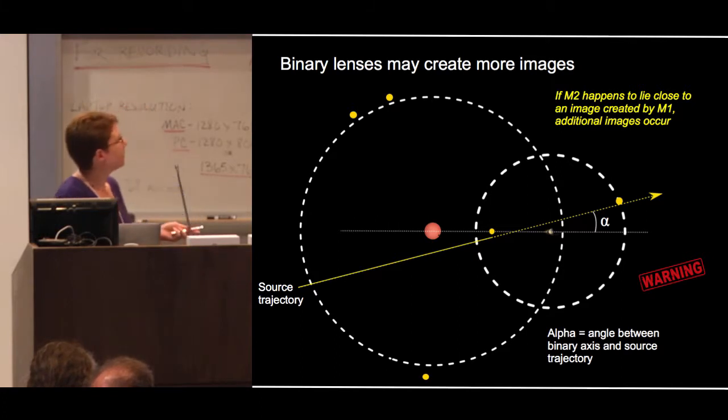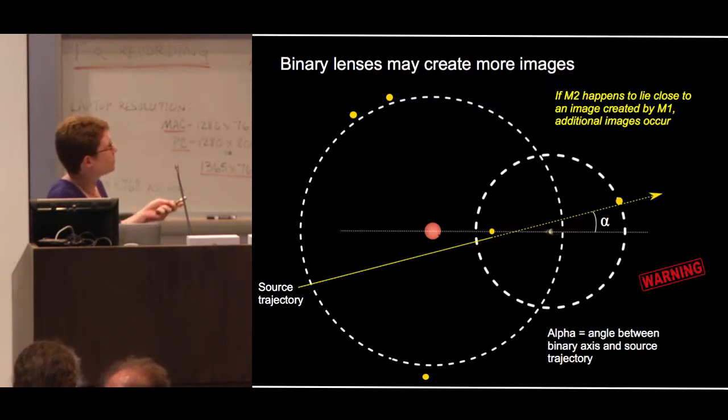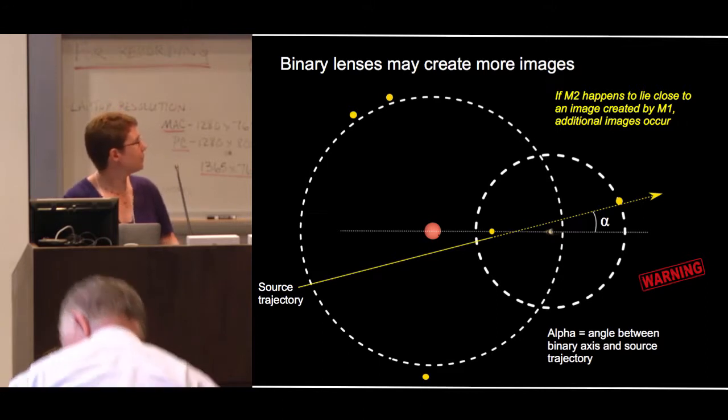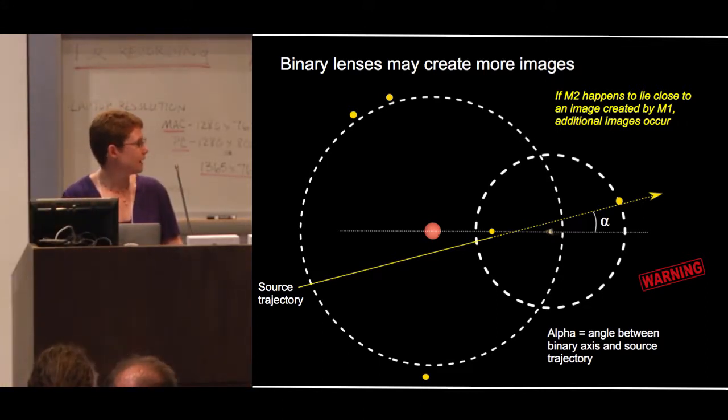And this also introduces us to one final parameter: if we look at the geometry of the lens plane, we can usually consider the lens to be fixed and the source to be moving relative to it in the background. And so we consider the source trajectory shown by this yellow line. The angle between the binary axis and that source trajectory is referred to as alpha, and that parameter will be coming back to haunt you when we get to binary lensing in the hands-on sessions.